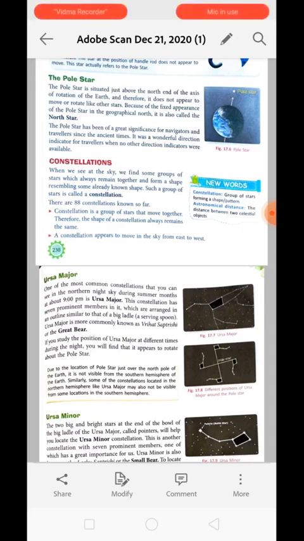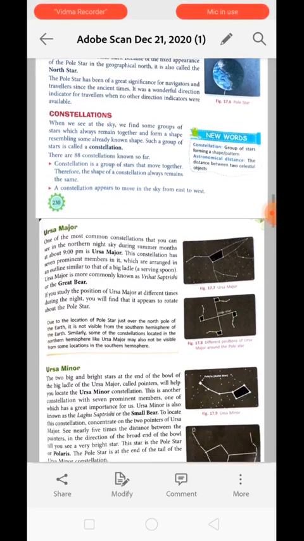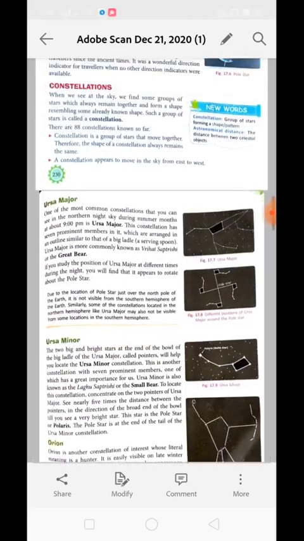Now you have a clear idea why the constellations appear to move from east to west, because the Earth is rotating from west to east. Clear? Now we are going to study all of these constellations that are mentioned in the book.